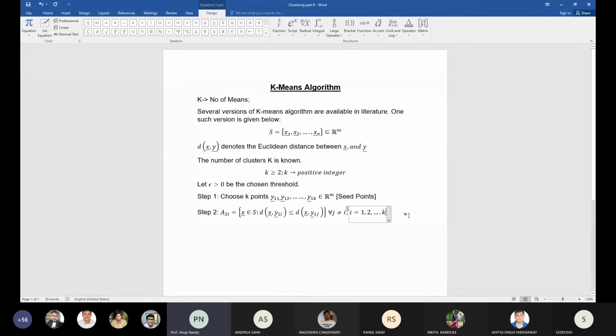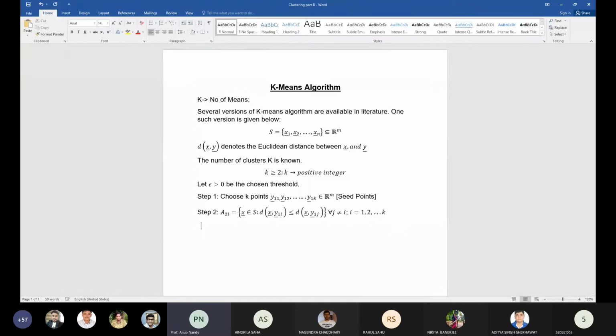What does it mean? It means that if the distance is minimum, then put it into the ith cluster.